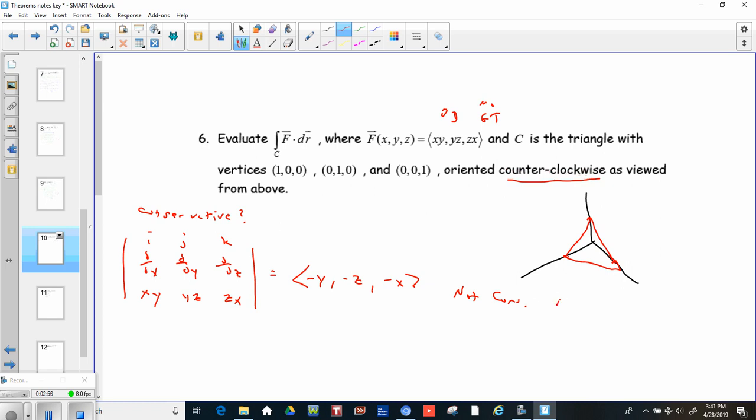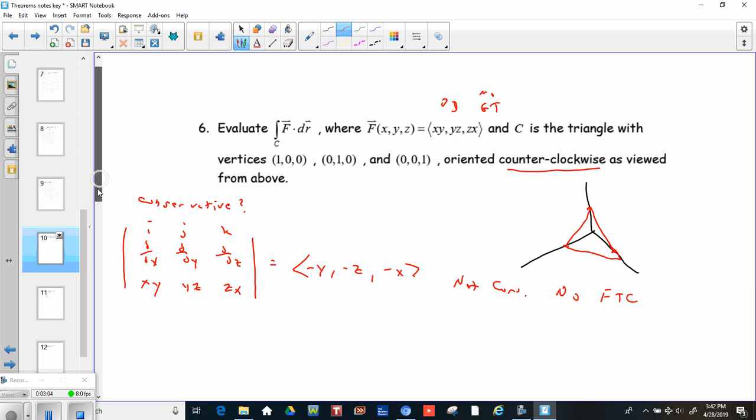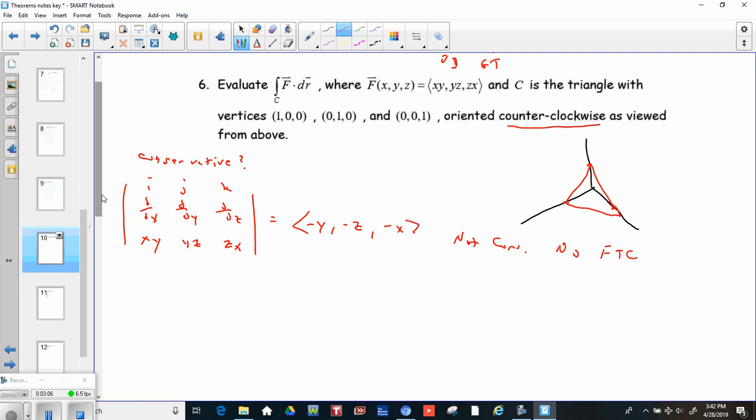So that means no fundamental theorem of calculus. So it looks like, because we're talking about a surface here, we could do this directly.